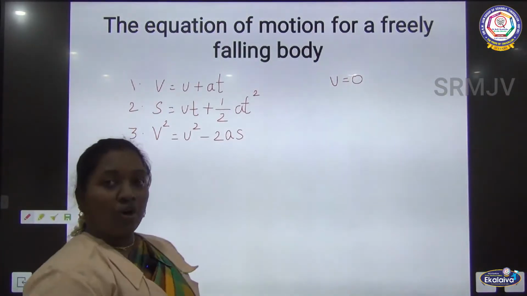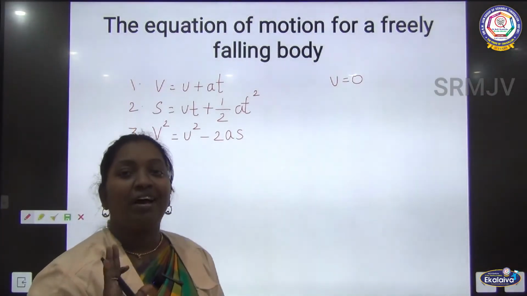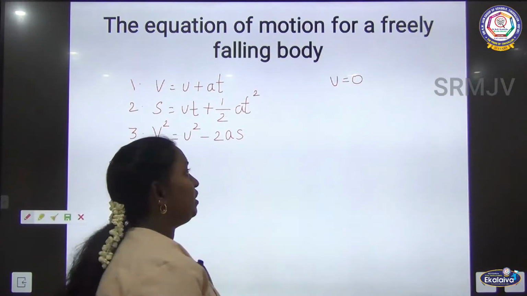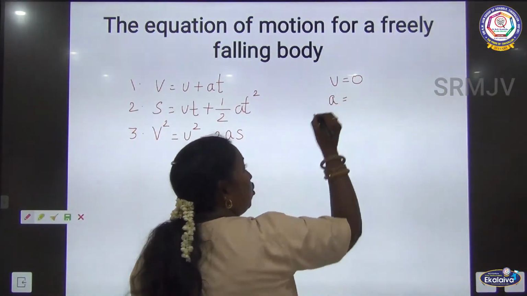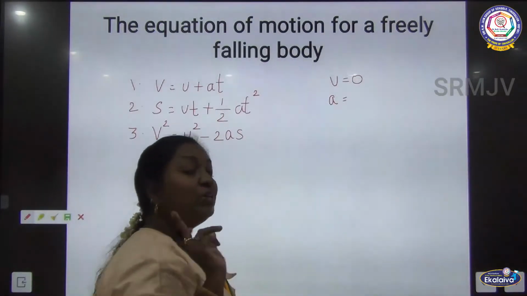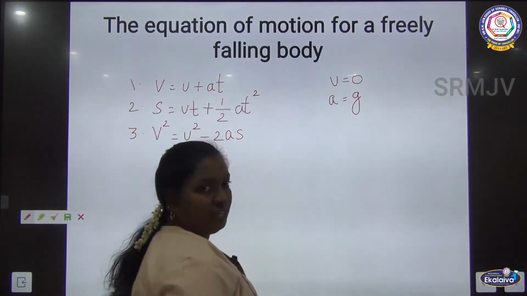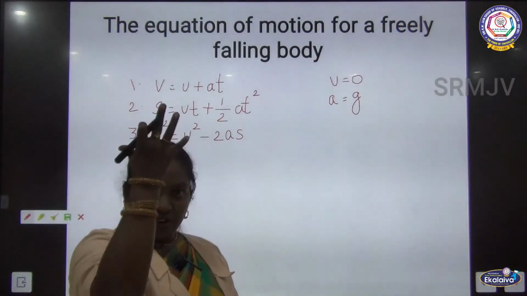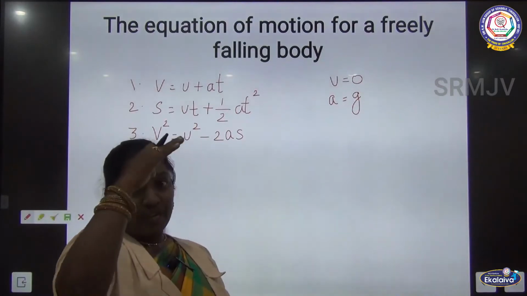Then all bodies will get acceleration, isn't it? Due to what? Due to gravity. So acceleration will be represented by g. All objects will get acceleration due to gravity. Though it's going upward vertically, that will be measured with the help of height only.